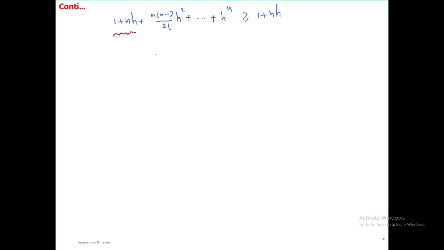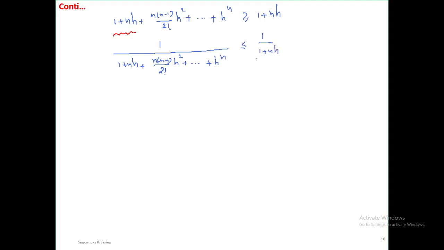So therefore, in the next step, 1 over all these terms, 1 plus nh plus n into n minus 1 divided by 2 factorial into h square plus up to so on plus h raised n. This is always less than or equal to 1 over 1 plus nh.